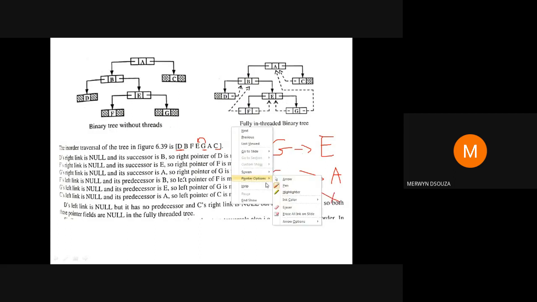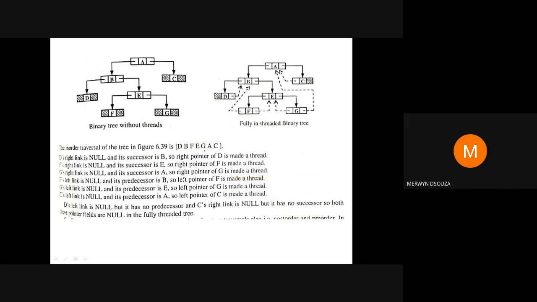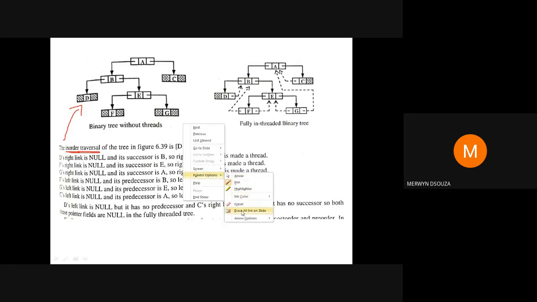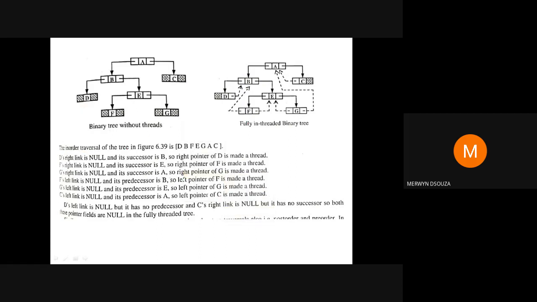So in short, I've just briefly explained how you get an in order successor and predecessor. To get the in order predecessor and successor, the first important thing you need to do is find the in order traversal of the given tree. Once you have done the traversal, depending on your question, now this question is, you need to make it into a fully in-threaded binary tree.